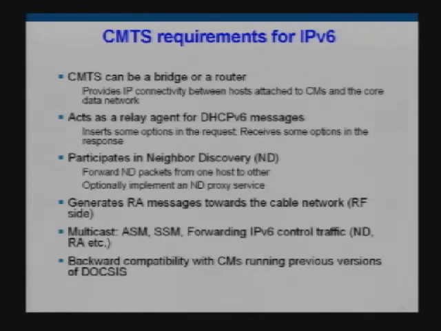So for the neighbor solicitation messages, it will send back in the downstream direction to facilitate neighbor solicitation and neighbor advertisement as part of DAD and the address resolution, and it generates router advertisement messages to the cable network. And for multicast, any-source multicast and source-specific multicast are both supported in the IPv6 implementation.